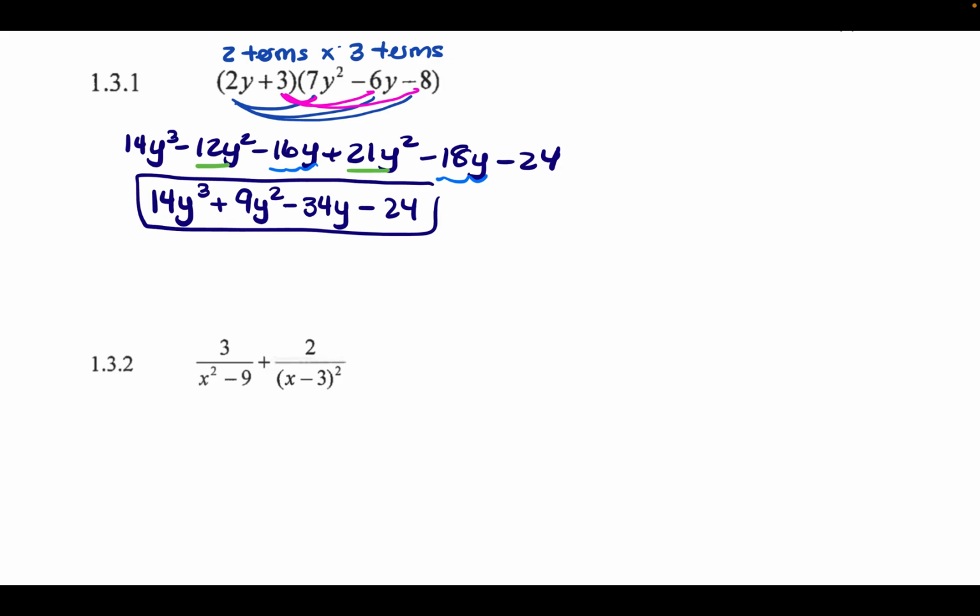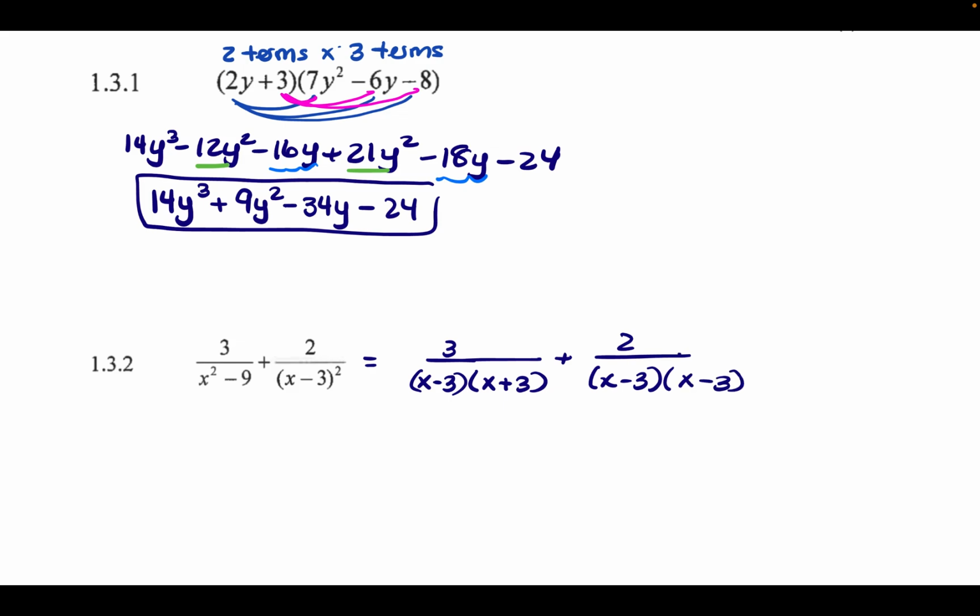Okay, 1.3.2 is combining two rational expressions, and we need to find a common denominator. And I like to rewrite with the first denominator factored and with the second denominator written out as two factors. So I haven't really changed anything here.